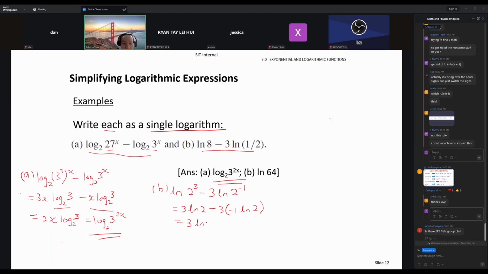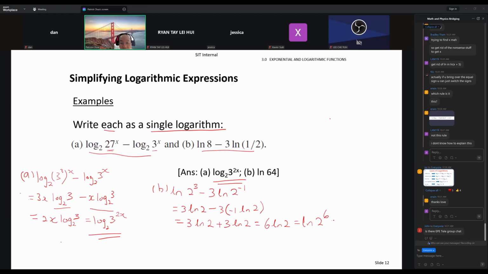This will be 3 log 2 plus, because minus 3 times minus 1 is a plus 3 log 2. 3 log 2 plus 3 log 2 is 6 log 2. And now we clean up nicely. Put into exponential form, it is log 2 to the power of 6.